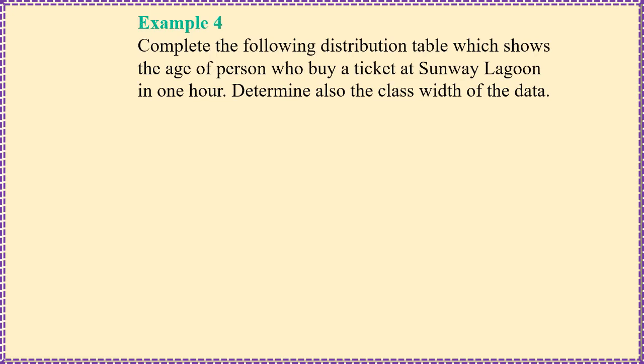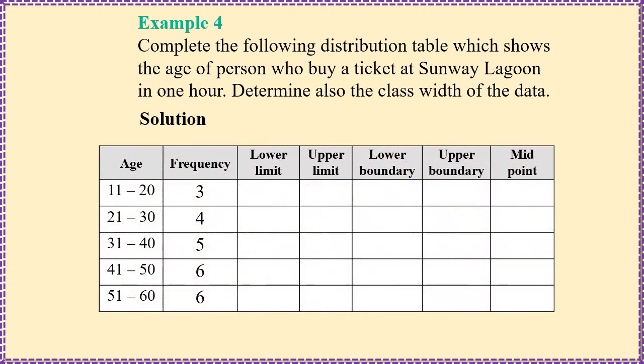So let's see some examples. Complete the following distribution table which shows the age of persons who bought a ticket at Sunway Lagoon in 1 hour. Also determine the class width of the data. So we need to complete this table. We have the classes of ages: 11 to 20, 21 to 30, 31 to 40, 41 to 50, 51 to 60.